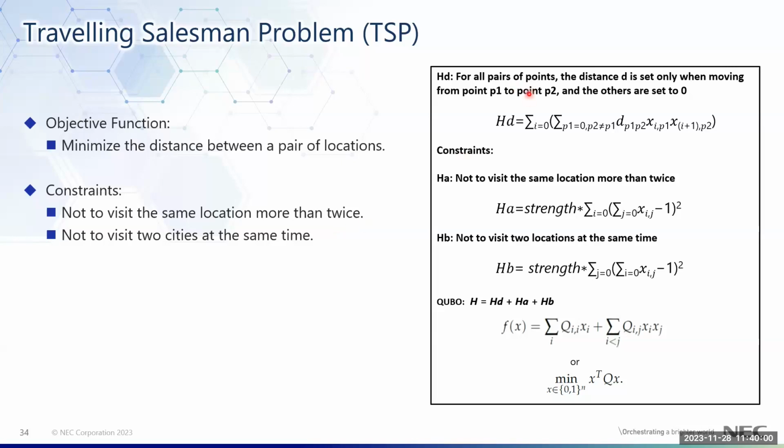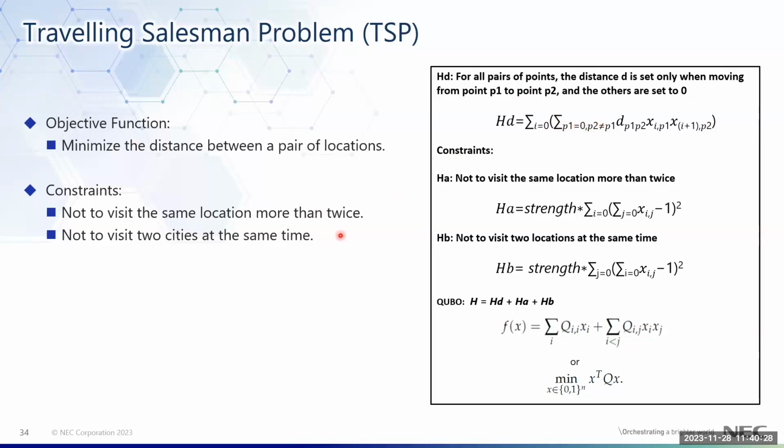So here you see how we create the Hamiltonian. It's a little mathematical, but I hope it gives a good enough idea. The first Hamiltonian that you create is the objective function, with the summation over points 0.1 and 0.2. We have to make sure that 0.1 is 0 and 0.2 is not 0.1.